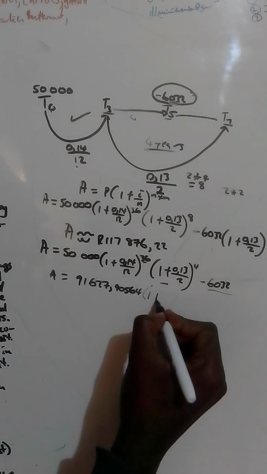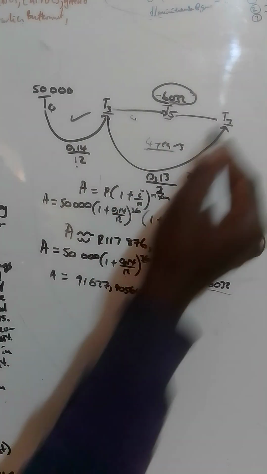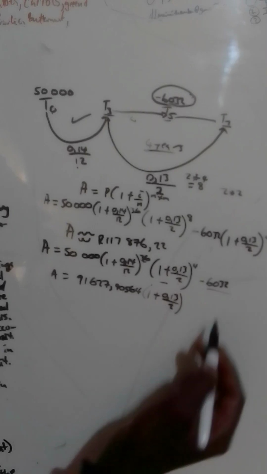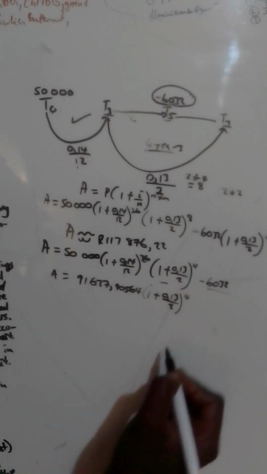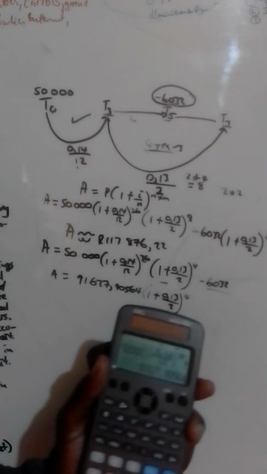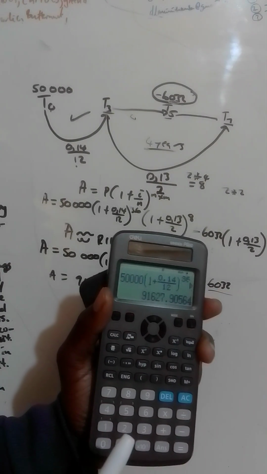So now I say 1 plus 0.13 over 2, and since it's the remaining 2 years and we know that it's compounding twice per year, it means to the power 4. It's the same as that 2 times 2 which we did earlier on. So I still have this 91,627 on my calculator.